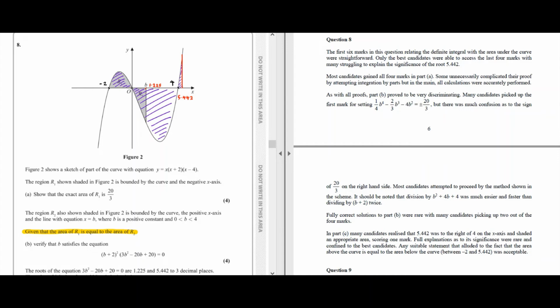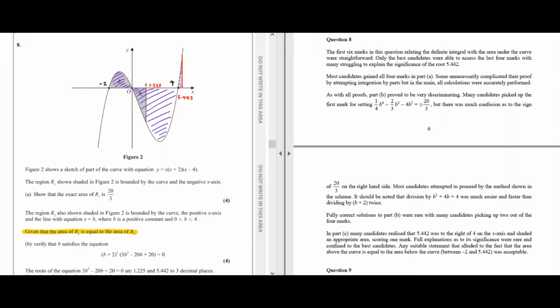Most candidates attempted to proceed by the method shown in the mark scheme. It should be noted that the division by b squared plus 4b plus 4 was much easier and faster than dividing by b plus 2 twice. Fully correct solutions to part B were rare, with many candidates picking 2 out of the 4 marks.